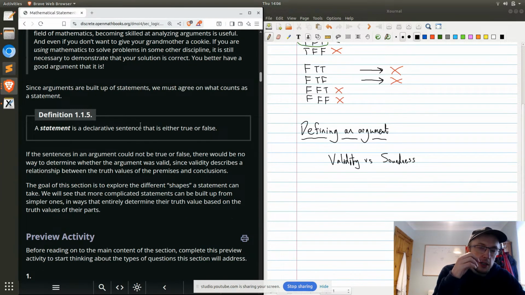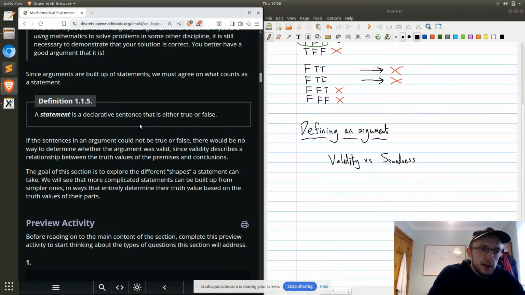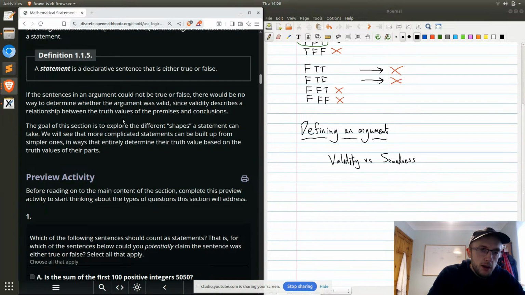Since arguments are built up of statements, we must agree on what counts as a statement. Definition. A statement is a declarative sentence that is either true or false. If the sentences in an argument could not be true or false, there would be no way to determine whether the argument was valid, since validity describes a relationship between the truth values of the premises and conclusions.